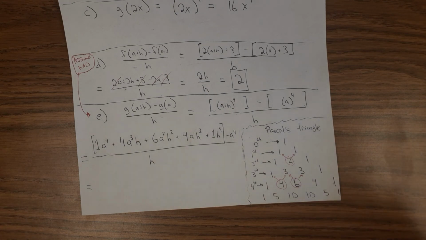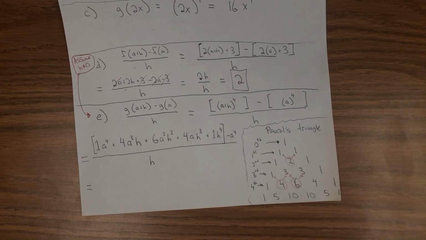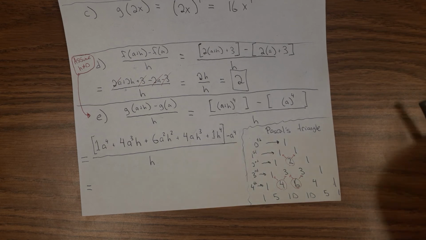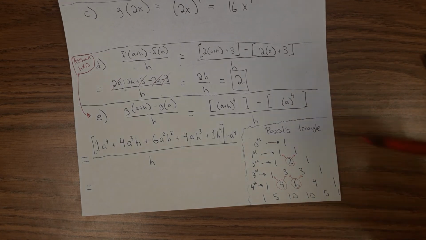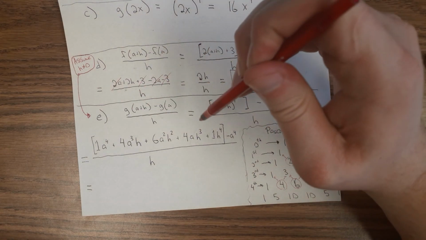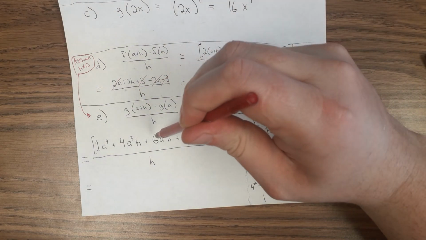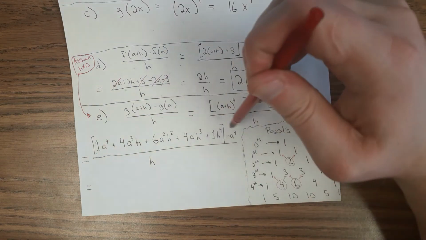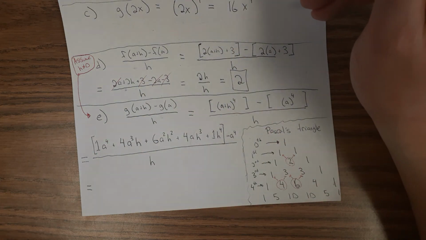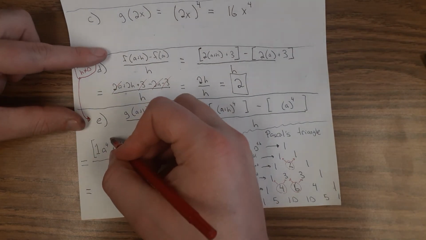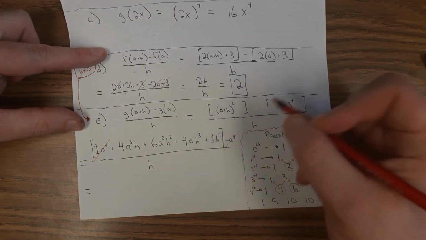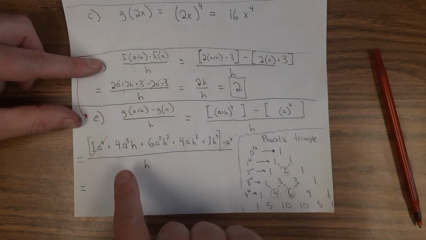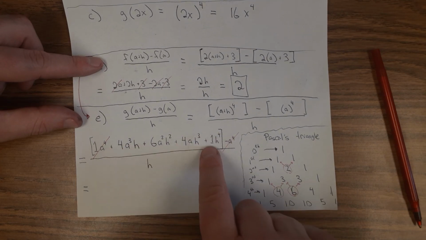Okay, so that was really the hard part of this one, but I still have to simplify it. So what happens? Well, something cancels. So I see an a to the 4th and a minus a to the 4th. So this cancels this, and then I just have the rest of it.